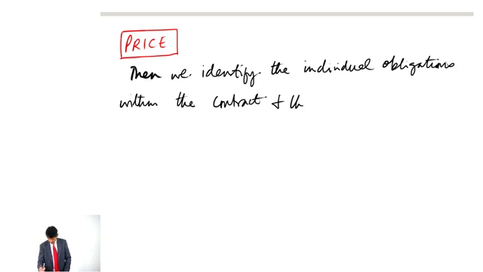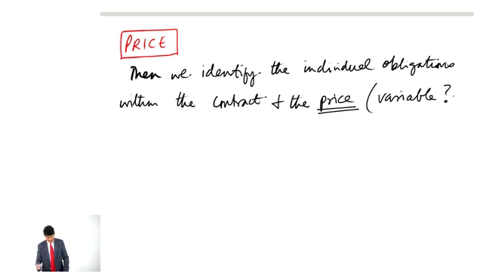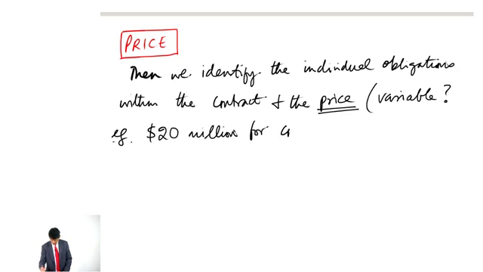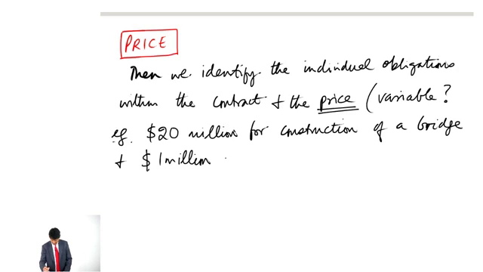And the price. Is it variable? E.g., 20 million for construction of, say, a big building like I showed you, or a bridge, and 1 million of a performance bonus if completed on time.